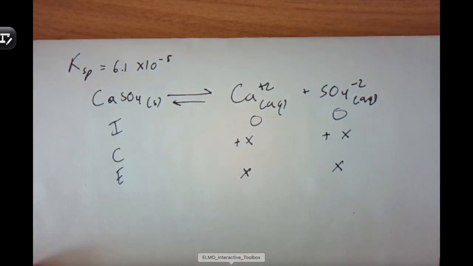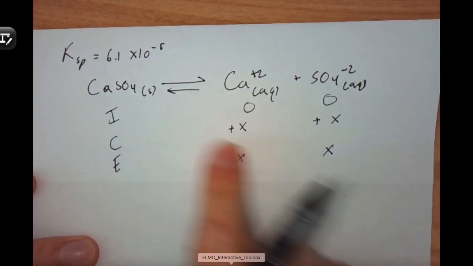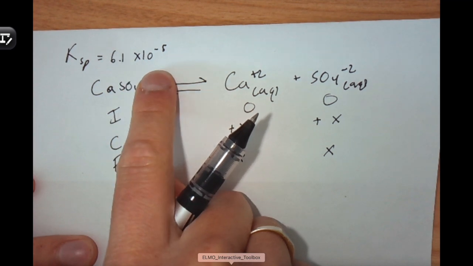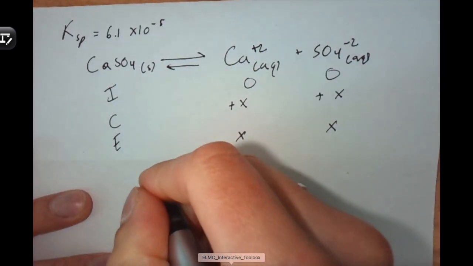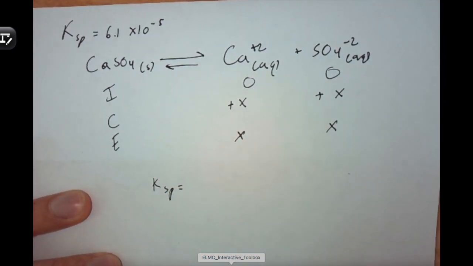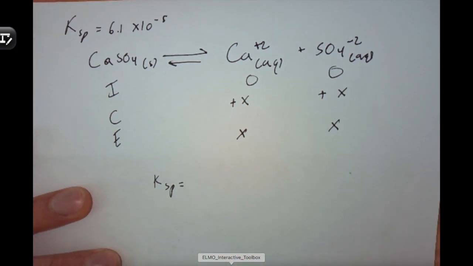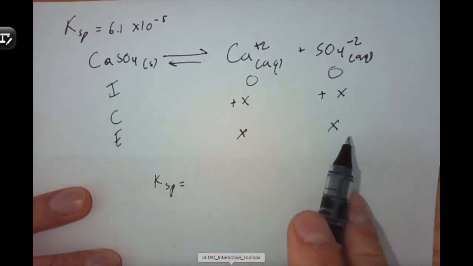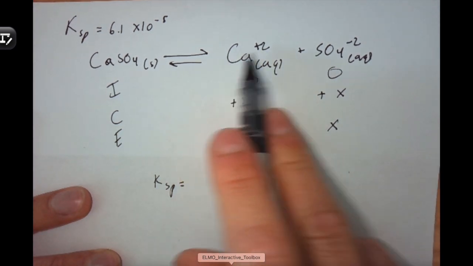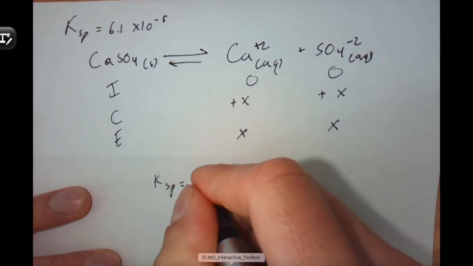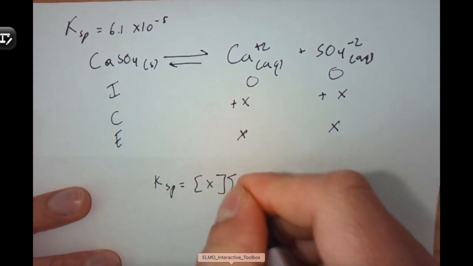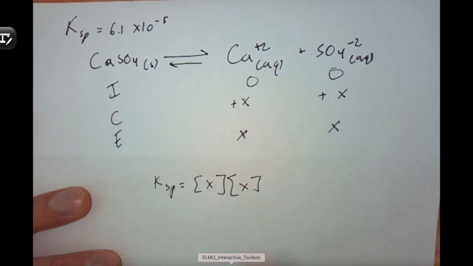Now, when I look at this, I know that my Ksp is 6.1 times 10 to the negative fifth. So Ksp is equal to products over reactants, which in this case would be x times x. There's no coefficient, so there would be no exponent.